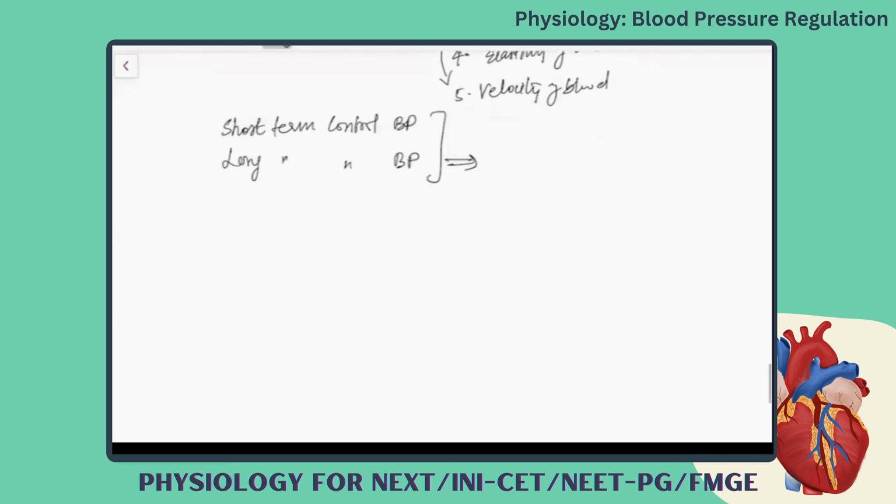So we have seen the blood pressure regulation, and in that the most important thing we are going to see is the short term and the long term control of blood pressure. Okay. So in the short term control of blood pressure, the main thing we are going to see is the neural regulation.